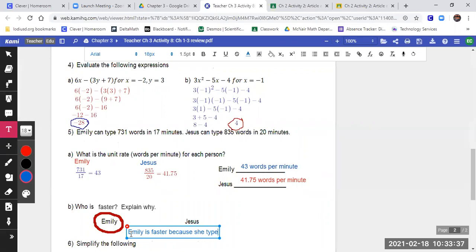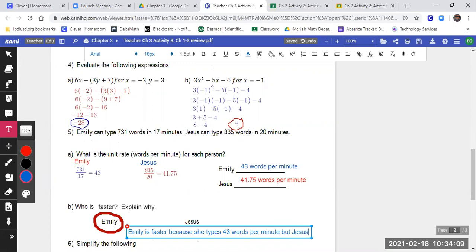She types what? What is her typing speed? We just figured it out in part A. What's her typing speed? 43 words per minute.